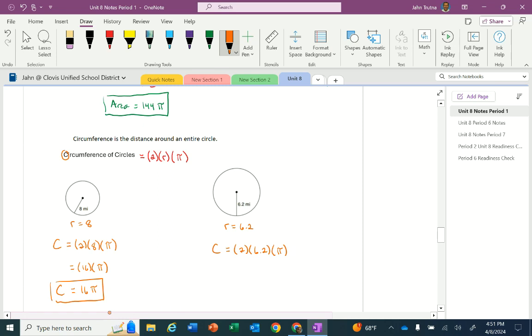I will not multiply out pi as 3.14. 2 times 6.2 is 12.4, so I get 12.4 times the number pi. Once again, we are not multiplying out pi, so the circumference of this circle is going to be 12.4 pi. Okay? Please do not multiply 3.14 for pi.